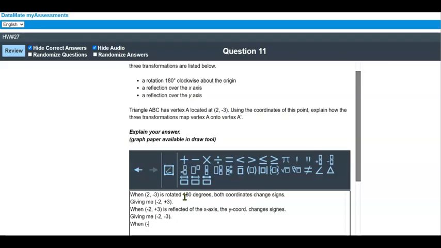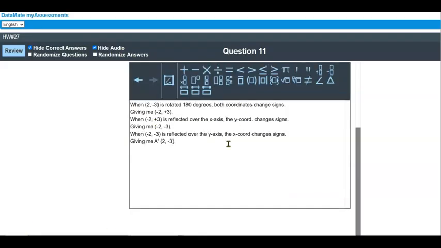When negative 2, negative 3 is reflected over the y-axis, which is the final move, the x-coordinate changes signs, giving me A prime, which is positive 2, negative 3. So that's all you need to type.